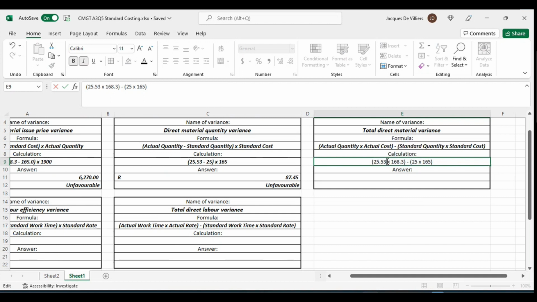Just fix it. That was the real quantity that I used in terms of material at my price per meter, which was a real 168 Rand 30 cents. What I planned was 25 meters at 165 Rand per unit. So now when I do my answer, let's just fix this again. It's now 25.53.